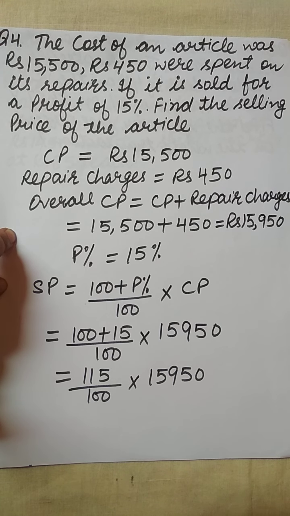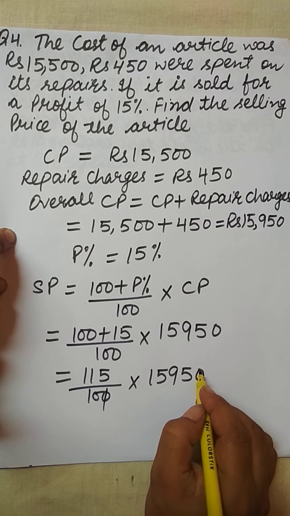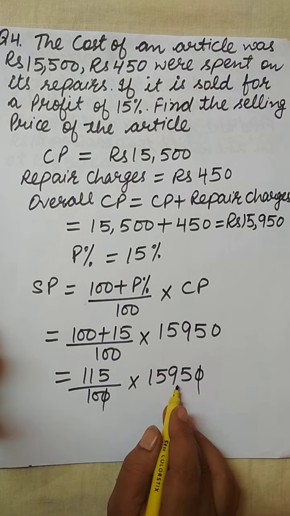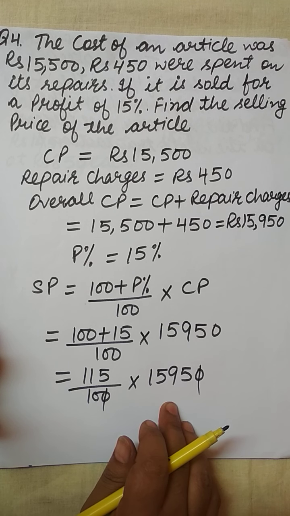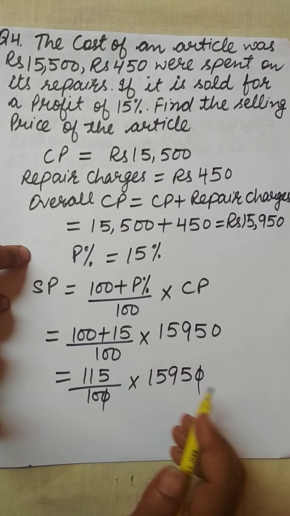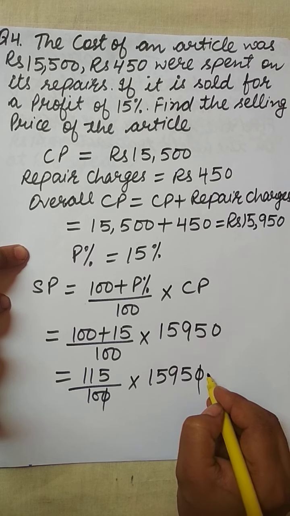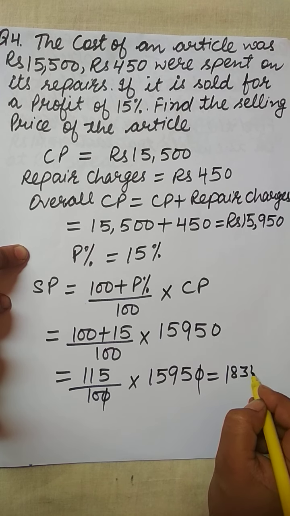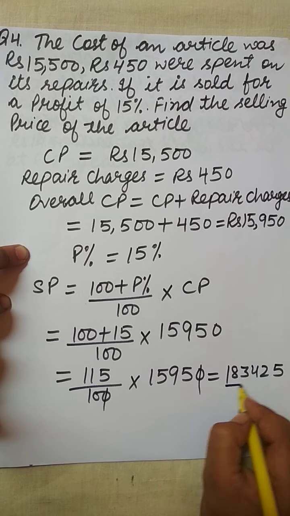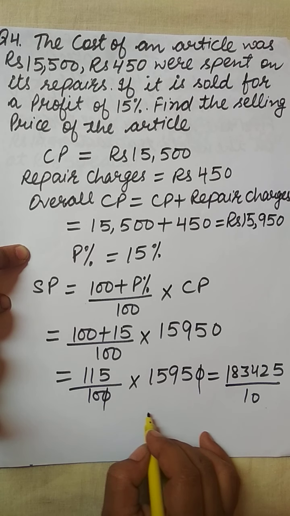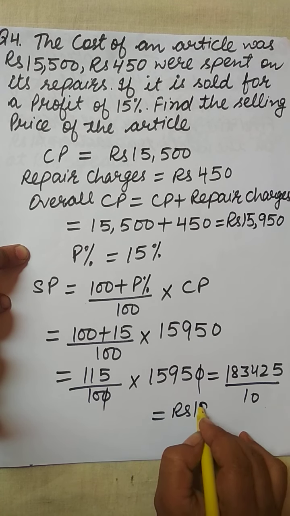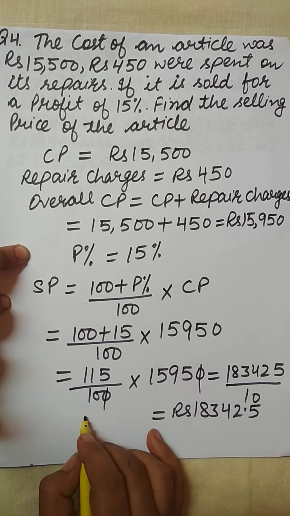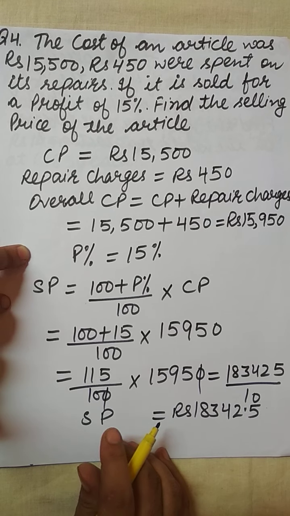Do the simplifications. 0 and 0 cancel. 115 multiplied by 1595 is equal to 183425 divided by 10. This is equal to rupees 18,342.5, which is the selling price of the article.